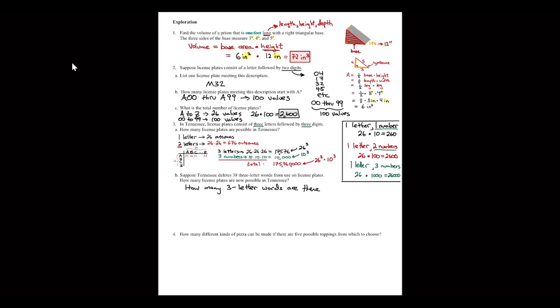Now, under normal circumstances, we'd have to figure that out, but here they just gave it to us. They said it's 38 of them. Now, we know that for each three-letter word, there are 10 to the third possible digits.